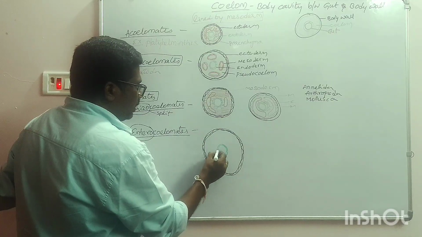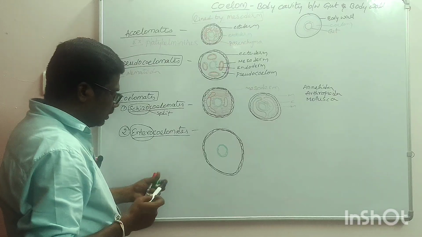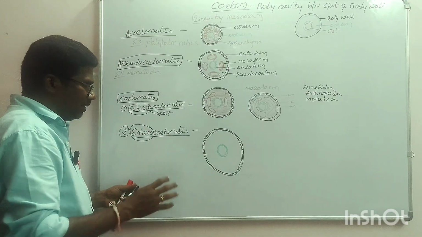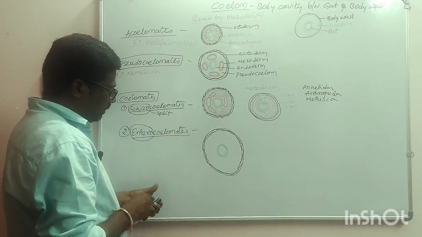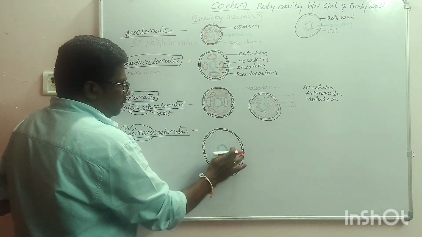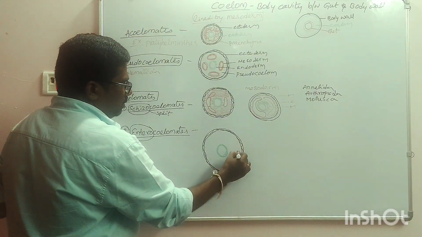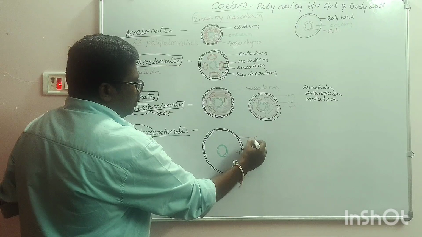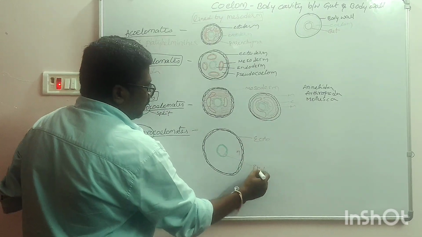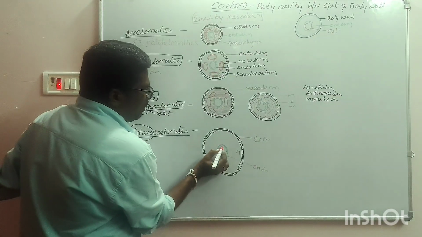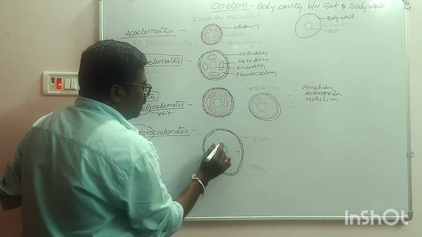So in the center of this endoderm, the gut will be there, and the archenteron will be formed from this. This is the mesoderm, all this part is mesoderm. This is ectoderm. This is endoderm. Now from the inside of the gut, what happens to the gut?